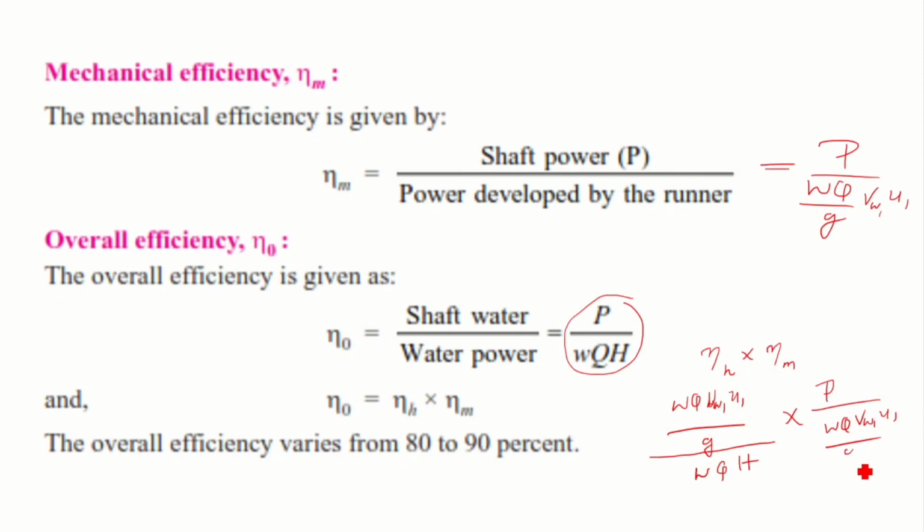So these two terms will cancel out, and the final term will be P divided by WQH. This is the overall efficiency. The value of overall efficiency varies from 80 to 90%.